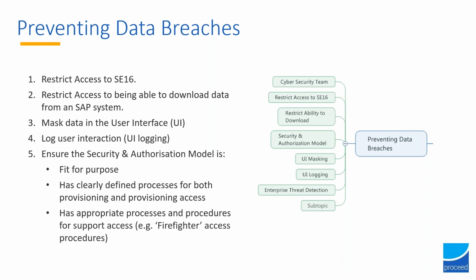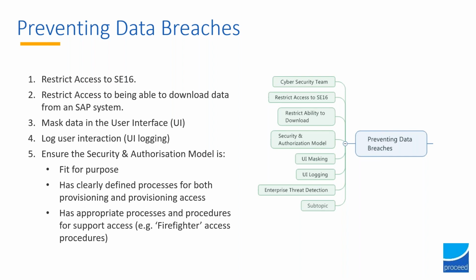Direct access to tables is quite a dangerous thing for users to have, or at least it should be monitored by something like Firefighter for live data. A lot of organizations allow people to download data to Excel. Well, you've got to be really careful with that, because that means you've got an unrestricted copy of real-life data that's out there outside of SAP now and is uncontrolled.